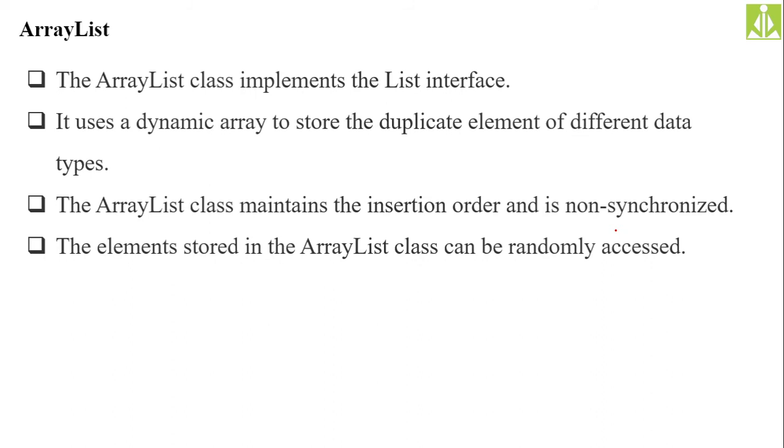The ArrayList class maintains the insertion order, and it is non-synchronized, so you cannot synchronize the objects which you create for this ArrayList class, because it is not implementing the synchronized interface. The elements stored in this ArrayList class can be randomly accessed. So if you want to access the elements randomly, you can do the access.